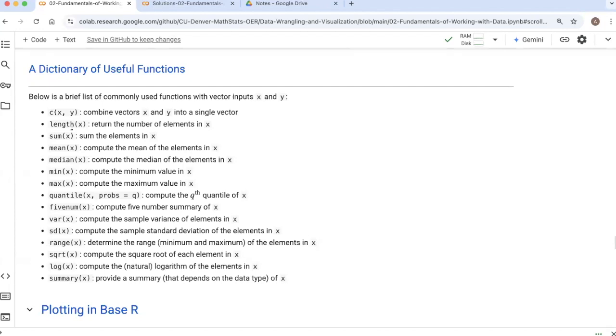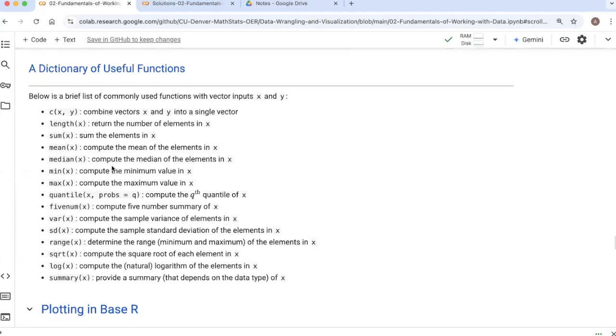If you're curious to get help on any of these functions, just remember you can use the question mark. And we'll be using these functions at various times throughout the semester. But here's a nice little place to refer to really common functions that we'll be using more frequently over here.